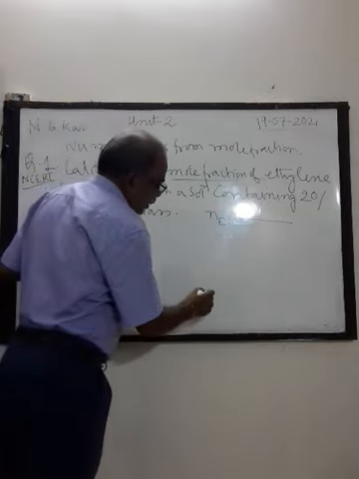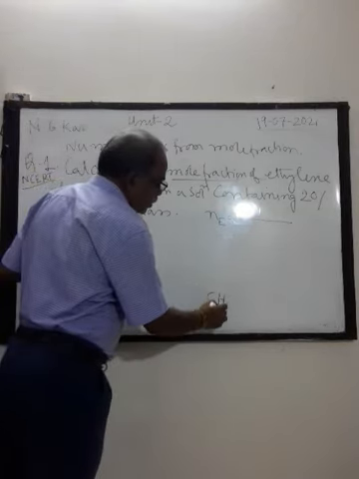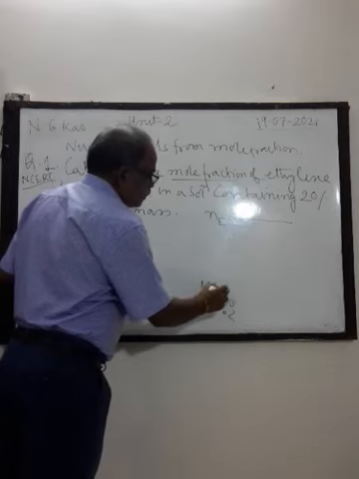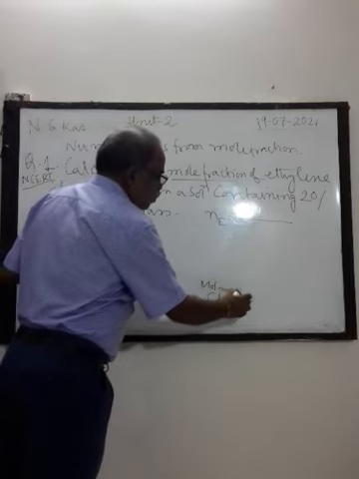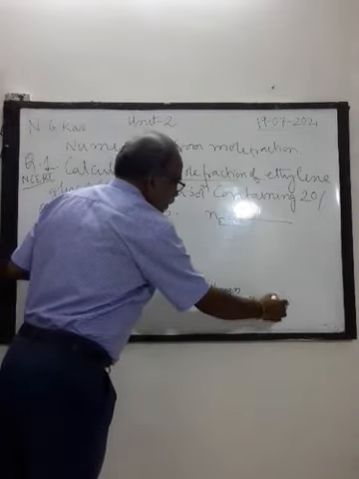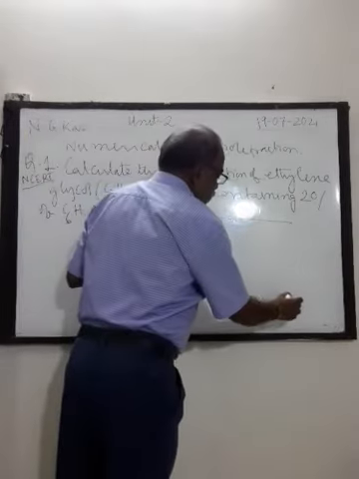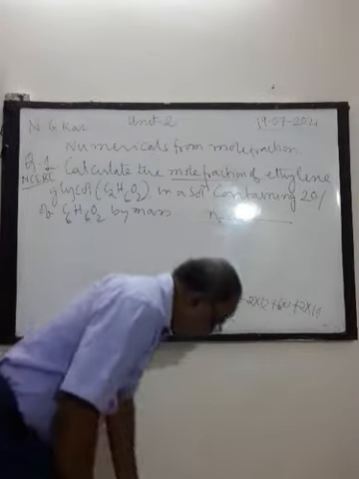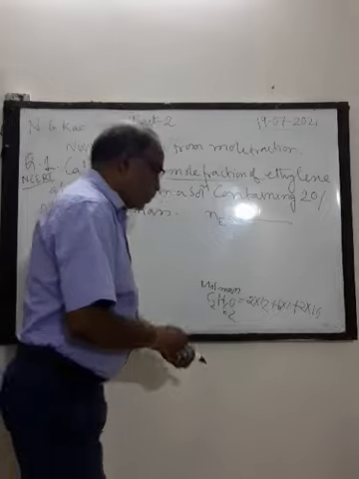Its formula is C2H6O2. So its molar mass equals 2 into 12 plus 6 into 1 plus 2 into 16.